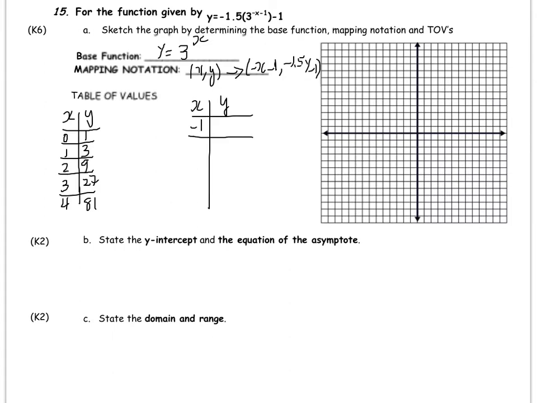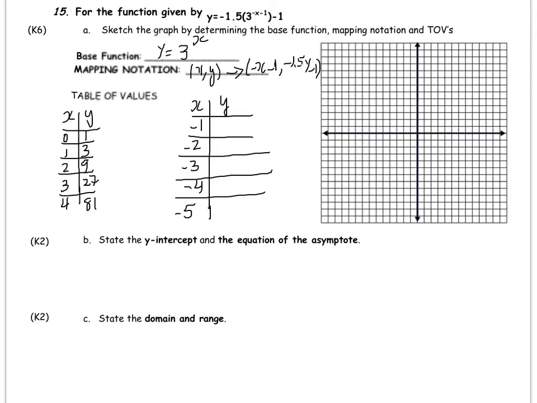When x is 1, negative 1 minus 1 is negative 2. When x is 2, negative 2 minus 1 is negative 3. When x is 3, negative 3 minus 1 is negative 4. And when x is 4, negative 4 minus 1 is negative 5.